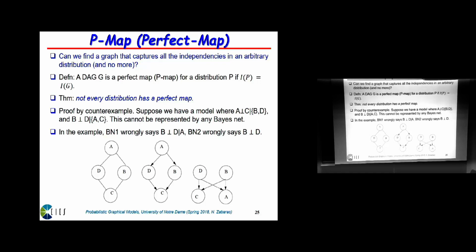So this relation has nothing to do with any of those 2, and similarly, B and 1 does not satisfy those 2 relations. So bottom line, not every distribution has a perfect map. So don't expect to have a distribution and then think of a graph that represents it.